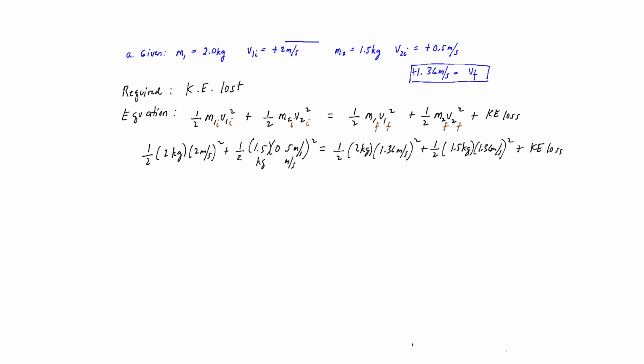Computing here, let's simplify everything: 4 plus, I think this one is 0.183. Of course, the unit here will be joules. And then this one is 1.850, and the next is 1.387. The unit here is joules, plus kinetic energy loss.